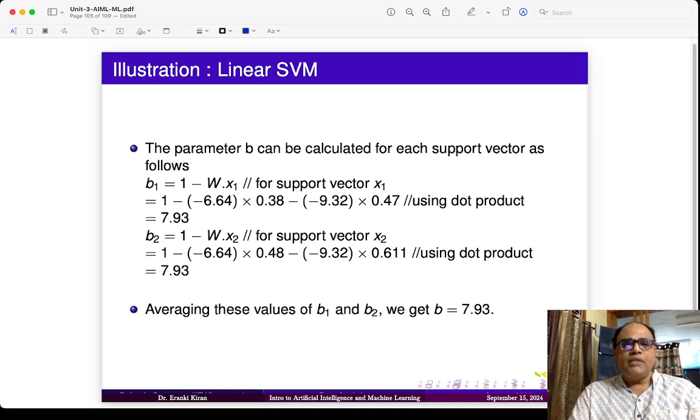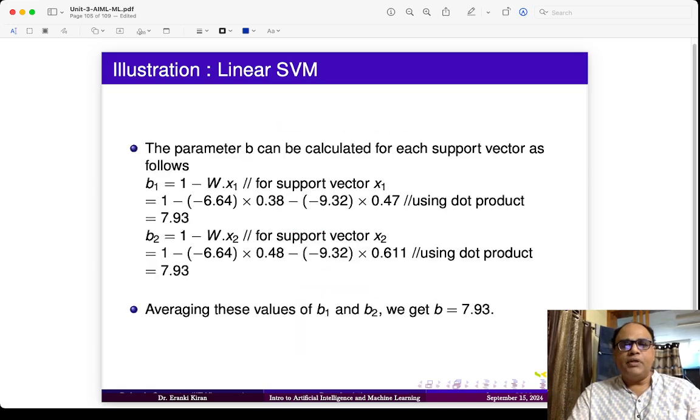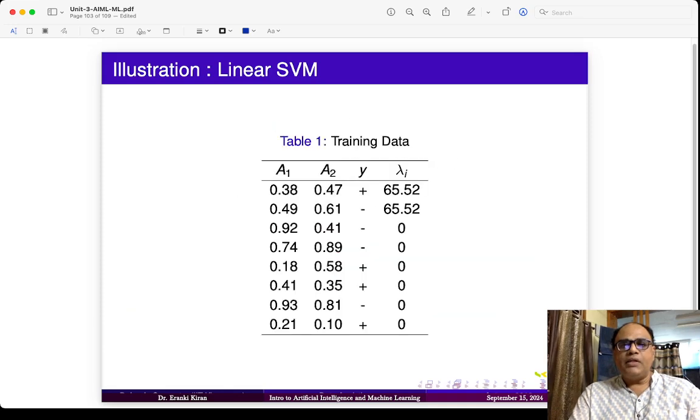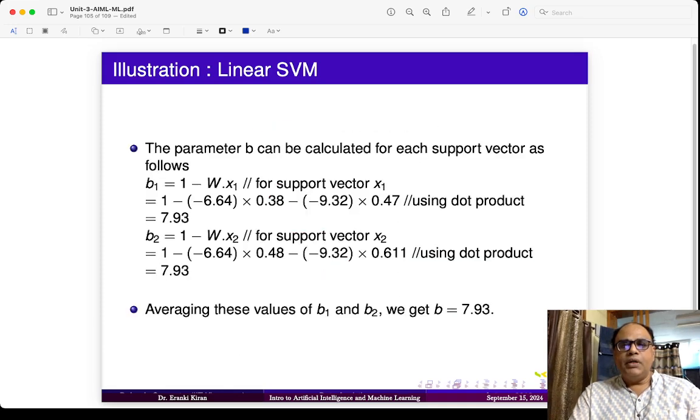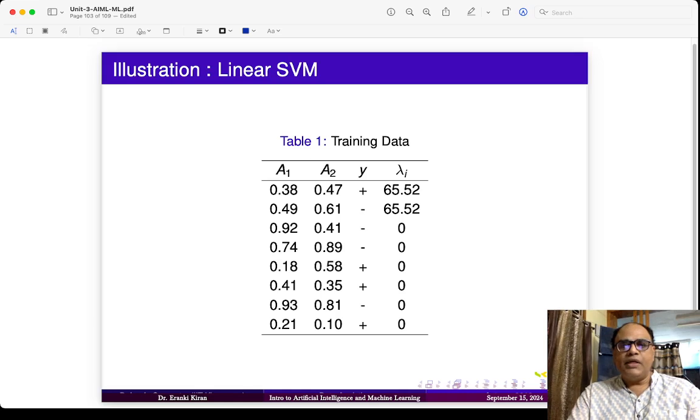So 1 minus the sum of minus 6.64 times x1, where x1 here is 0.38, and x2 is 0.49, minus 9.32 multiplied by 0.47. We consider these two parameters for W1 that we obtained, and similarly these two for W2.